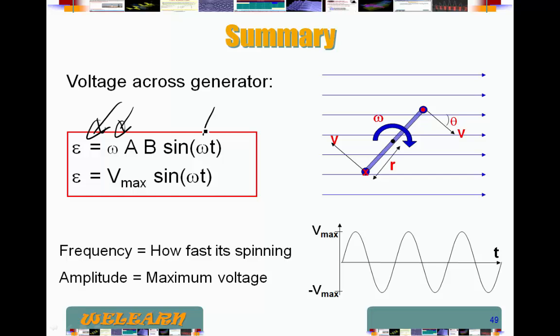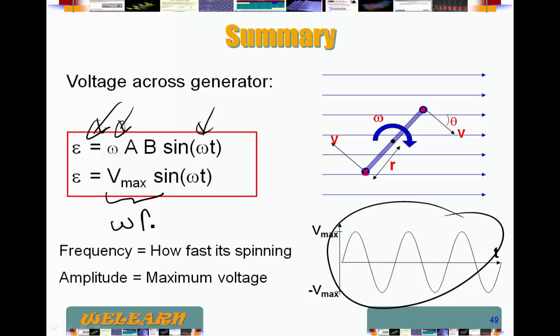Notice, since we determine omega, we determine the sine function: when it is maximum and when it is minimum, etc. This leads me to writing it in terms of voltage, V max times sine of omega t, where V max is omega A times B. And remember, we determine A by choosing the size of the loop. We set the value of B, and we set the value of omega.